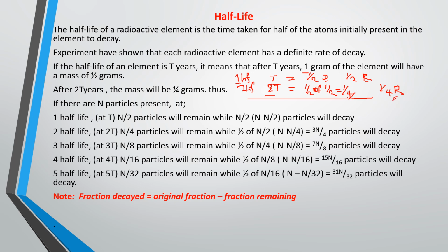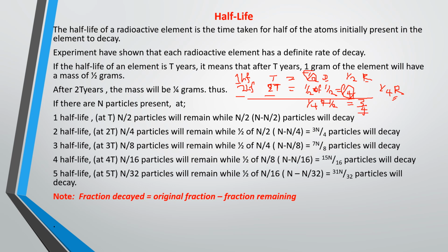Now for you to calculate the amount that has decayed at the second half-life, you have to add this to this, so that you have 1 over 4 plus 1 over 2. So at 2 half-lives, the amount of substance decayed will be, if you add this together, 3 over 4.